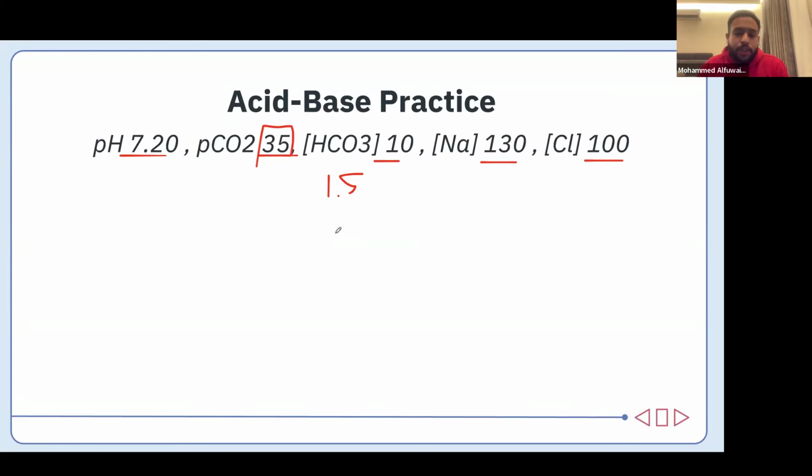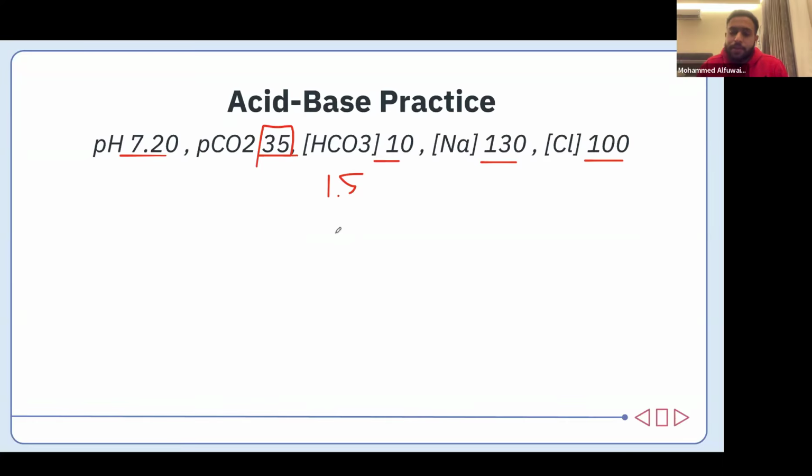Could it be a concomitant disorder? What concomitant disorder? If it's 21 to 25 and the CO2 is high, that's acidosis.